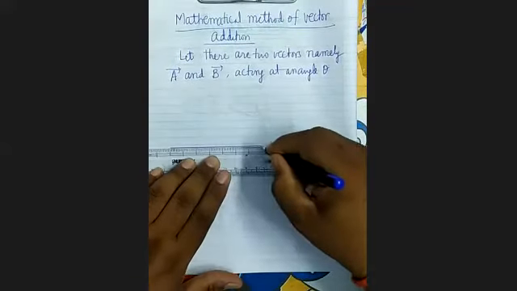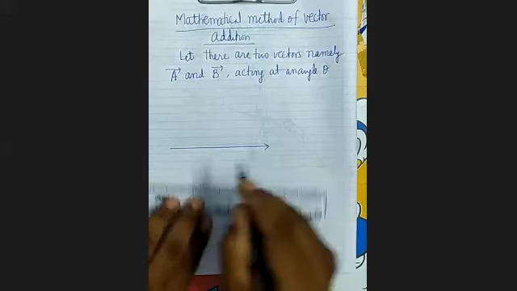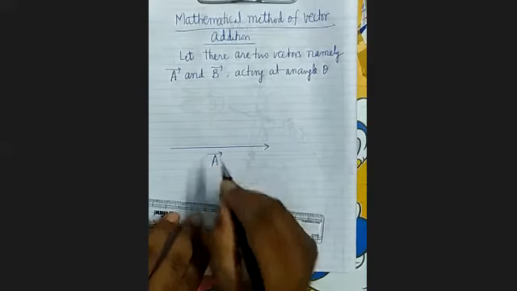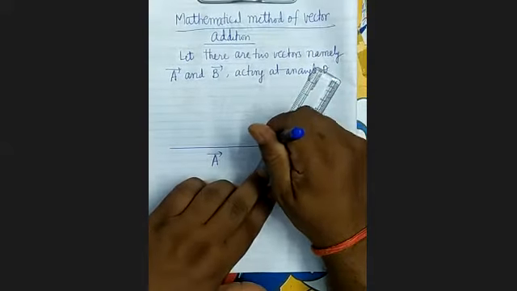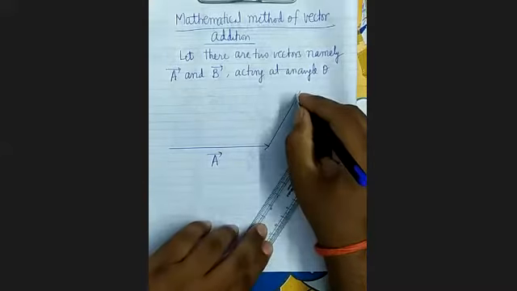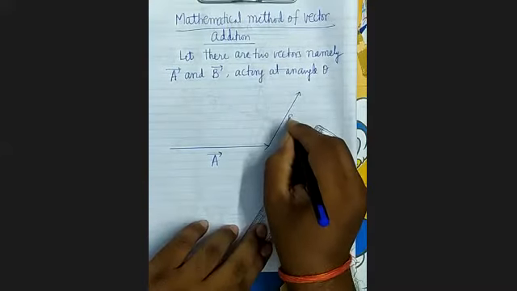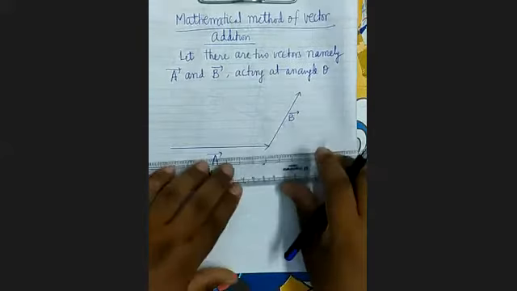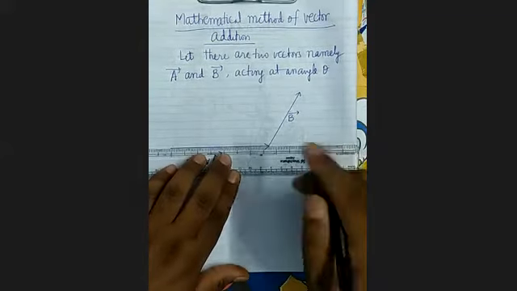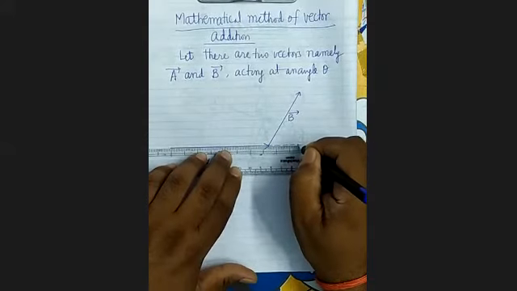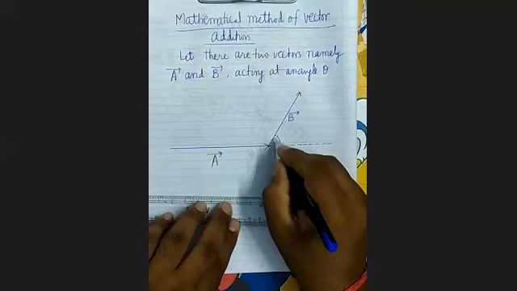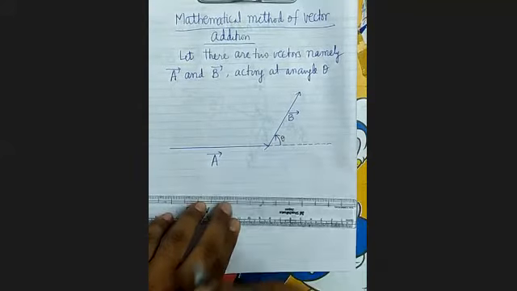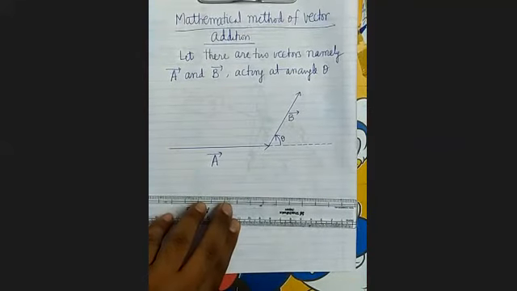This is the vector A; from its head, at an angle theta, vector B is drawn. This is the vector B. Here this angle is theta, because angle is always measured in the anti-clockwise direction. It is clear?